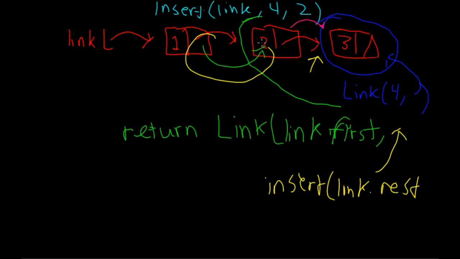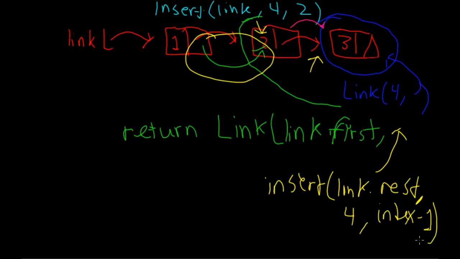So this is where we go into the rest of this linked list. This is our operation right there, and we're going to insert the element 4. Once we get to this linked list right here, it's only a matter of inserting into the first index. We had our index as 2, so we just take whatever our index was and go minus 1. So this is the recursive definition.